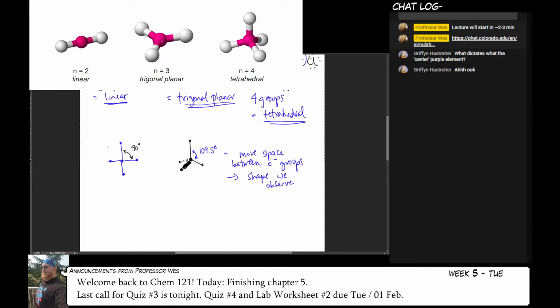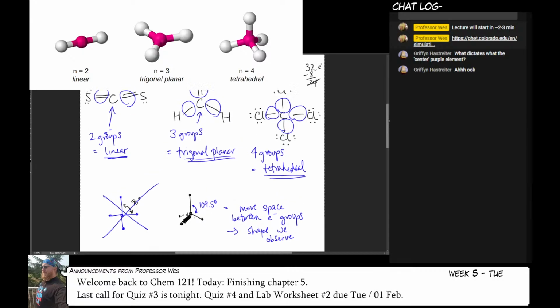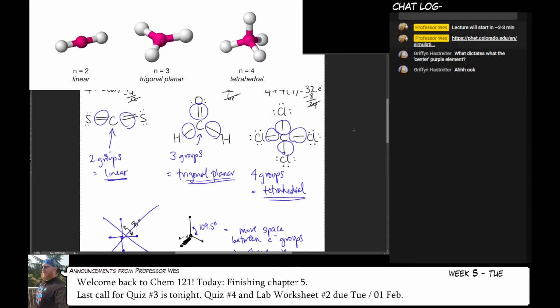So in reality, we don't ever observe this. So all these drawings that we've been doing for 4 things do not represent the geometry accurately. They are just a model. They're just our best sort of sketch. And for learning, that's fine.